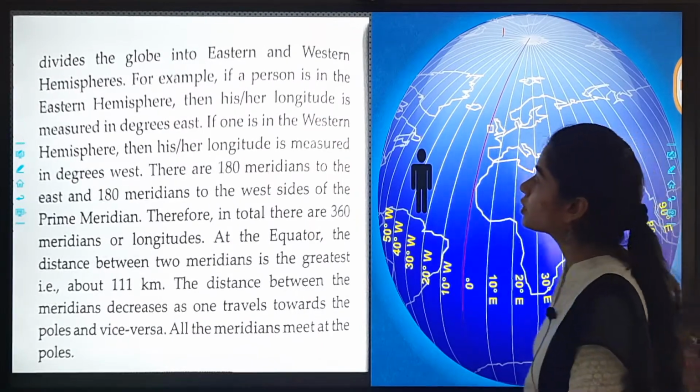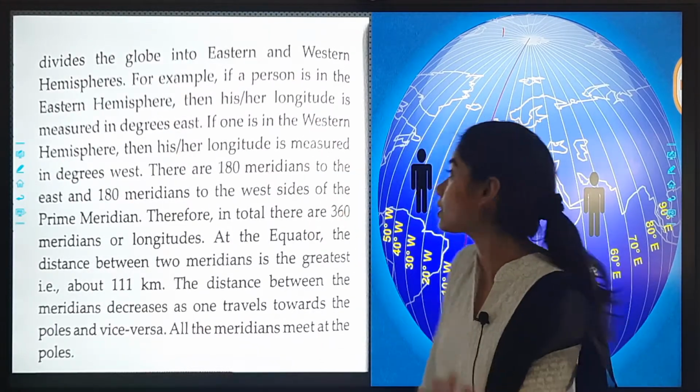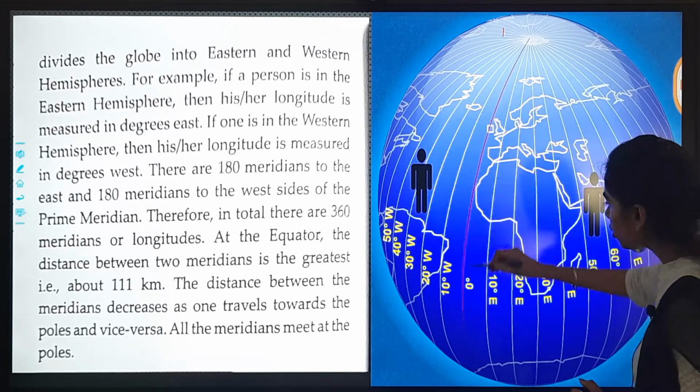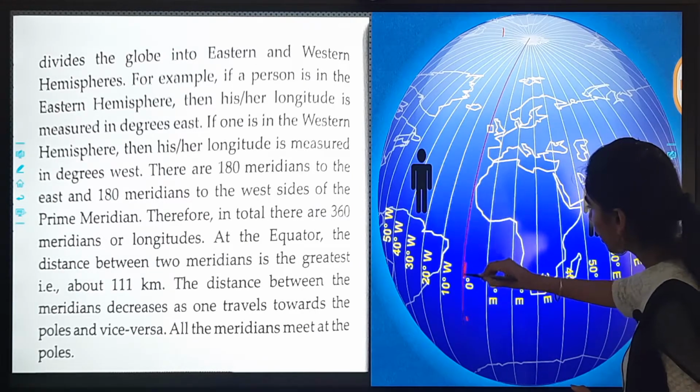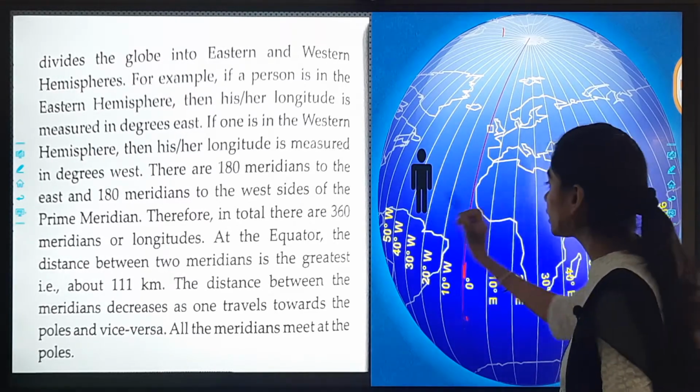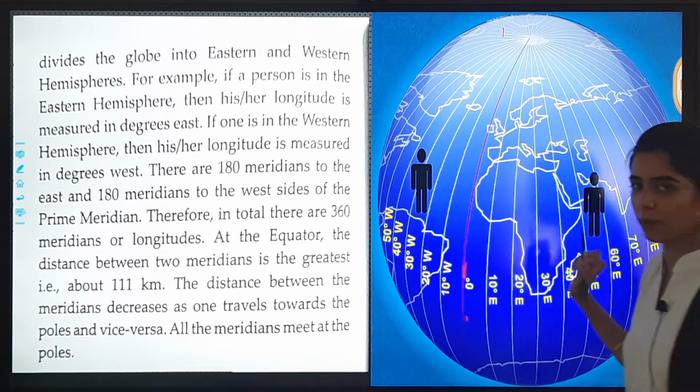Now, the prime meridian divides the globe into eastern and western. As you can see, this is the red line over here. See this line? Okay, and it is dividing the globe into western hemisphere and eastern hemisphere.